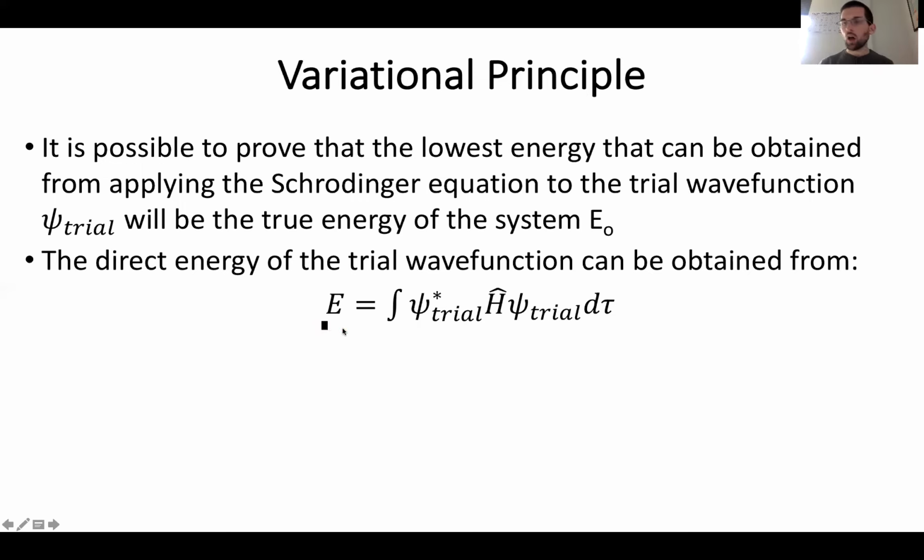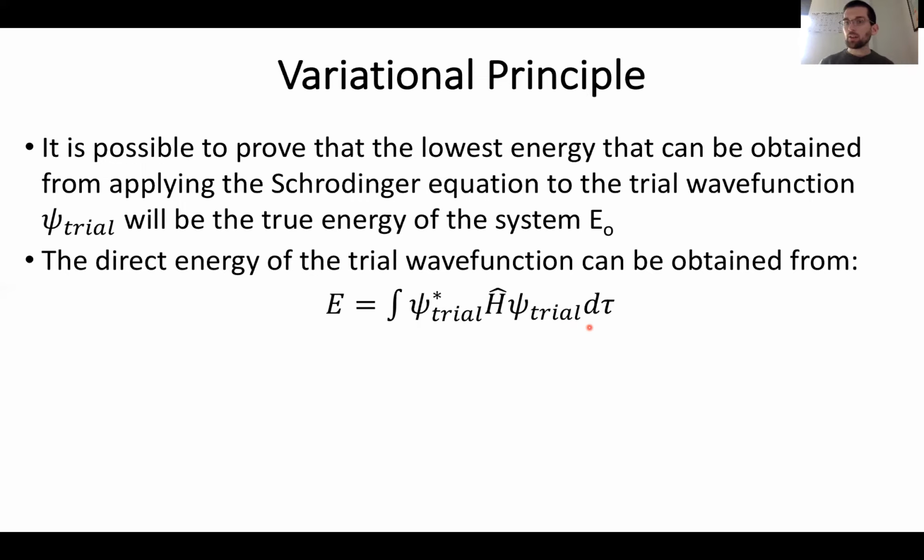So the energy of my trial wave function is going to be the expectation value of the Hamiltonian over all space. Nothing too tricky. You might just need to go back to before break, from when we did this a lot more frequently, probably going back to that first test.